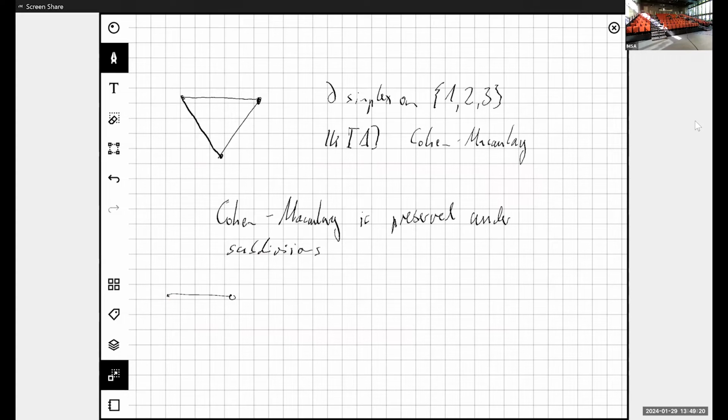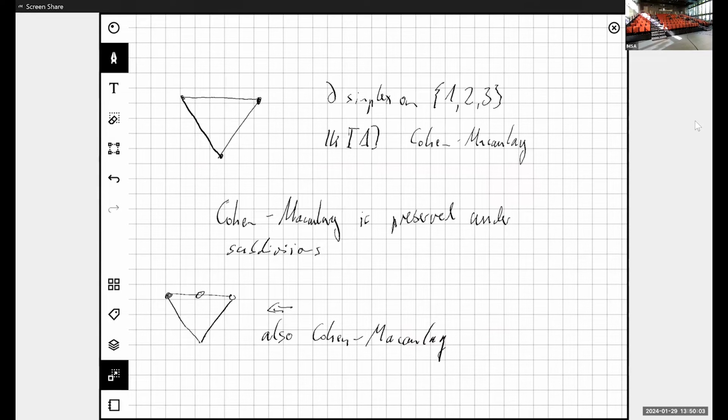So this here is also Cohen-Macaulay. Now this is one of the first useful observations that you can make, that once you do some elementary manipulations, you preserve the Cohen-Macaulay property. And this gives you already a lot of Cohen-Macaulay complexes. And then you get the suspicion that there's perhaps a topological characterization of this Cohen-Macaulay property. And this is exactly what I want to talk about.